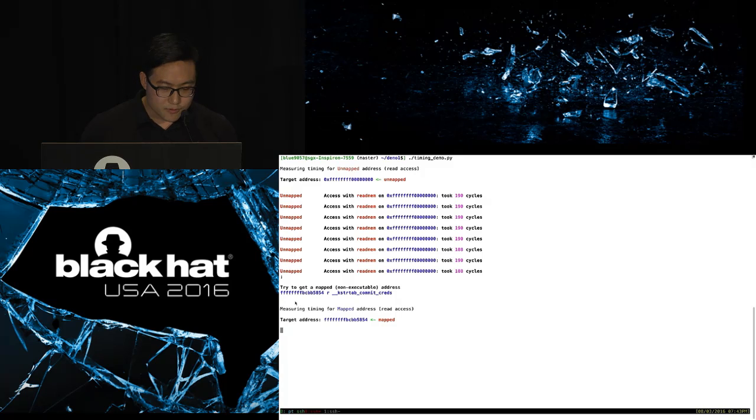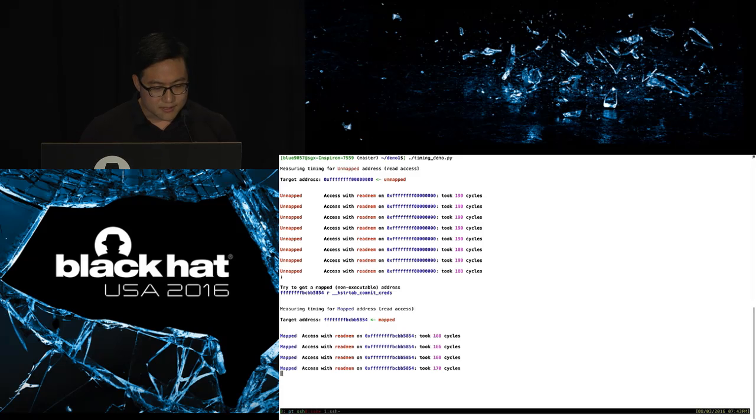To get ground truth information, we use root permission to get the kernel symbol from the symbol table, which is read on the address. Measuring this mapped address returns like 166. So you can easily see that a mapped address takes like 166 to 170, while an unmapped address always takes like 188 or 190, so we can see that exact timing difference.